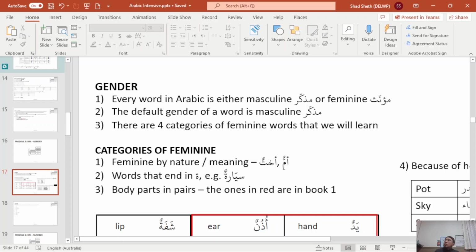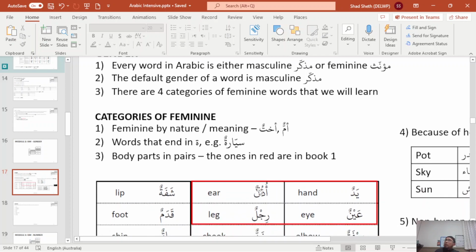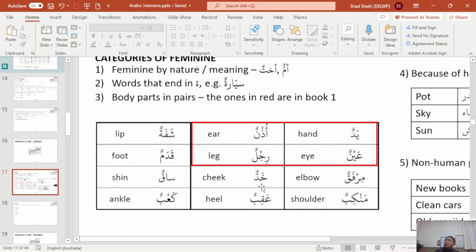Now, the new thing we are going to learn today is body parts in pair. If you look at your body, anything that has a pair is feminine. Hands, ears, legs, anything that has a pair is considered a feminine word in Arabic.